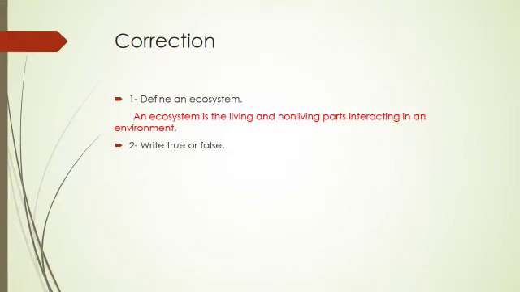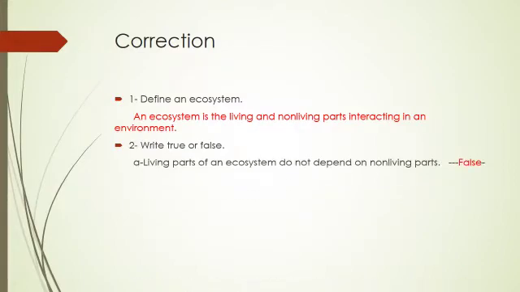Question number 2. Write true or false. True means correct. False means wrong. Part A. Living parts of an ecosystem do not depend on non-living parts. It is false. Very good.